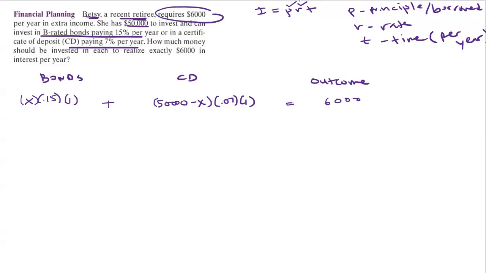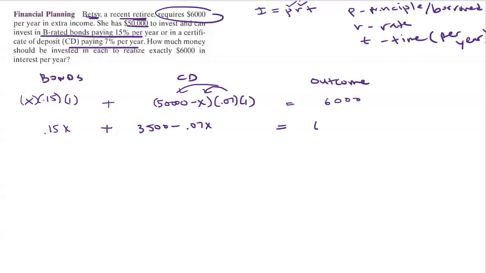All right. So now we just simplify this, right? We multiply and simplify. So here we're going to get 0.15x plus, and 0.07 times 1 is still 0.07, right? And then we're just going to distribute that to each term. Okay, so 0.07 times 50,000 is going to give us 3,500. And then 0.07 times x will be minus 0.07x.